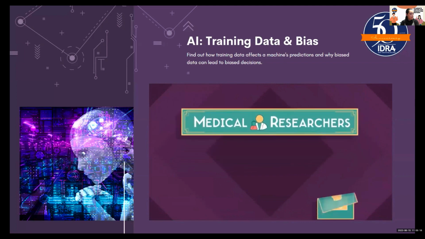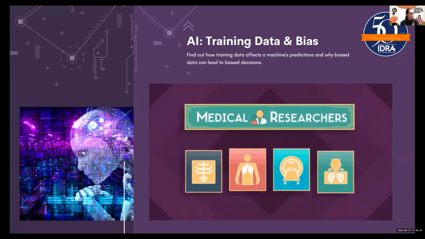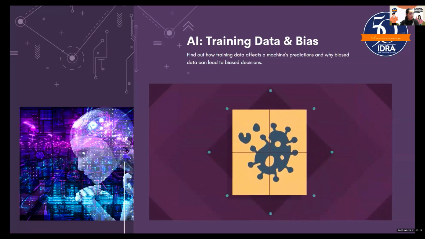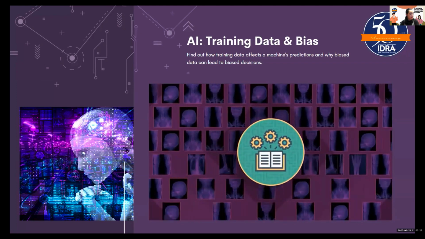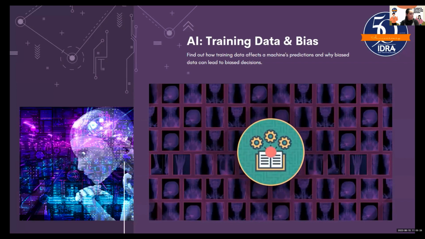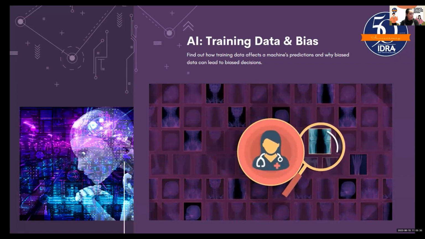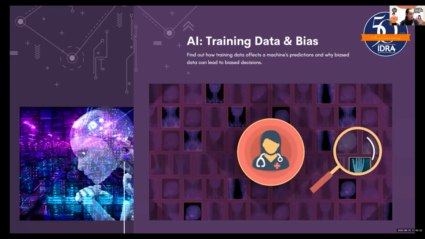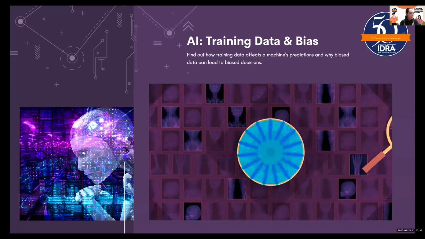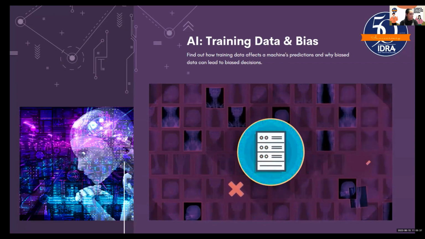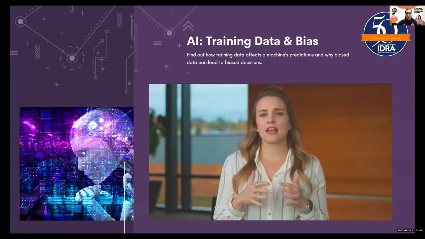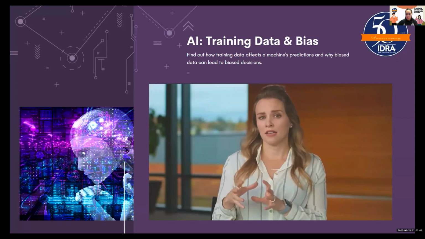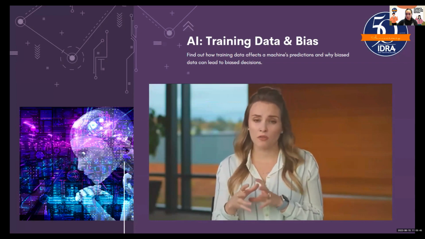Medical researchers can use medical images as training data to teach computers how to recognize and diagnose diseases. Machine learning needs hundreds and thousands of images and training direction from a doctor who knows what to look for before it can correctly identify disease. Even with thousands of examples, there can be problems with the computer's predictions. If X-ray data is only collected from men, then the computer's predictions may only work for men.